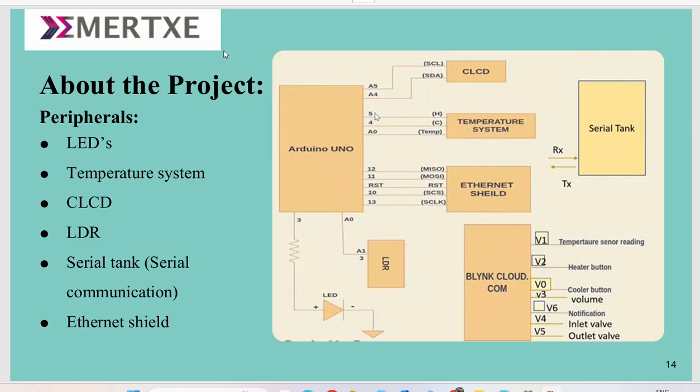This project includes light control using LEDs, temperature control using heater and cooler logic, water tank control using inlet and outlet valves, and real-time monitoring using CLCD and the Blynk app. The Blynk app and CLCD are very useful in real-time monitoring, so the devices can be monitored.